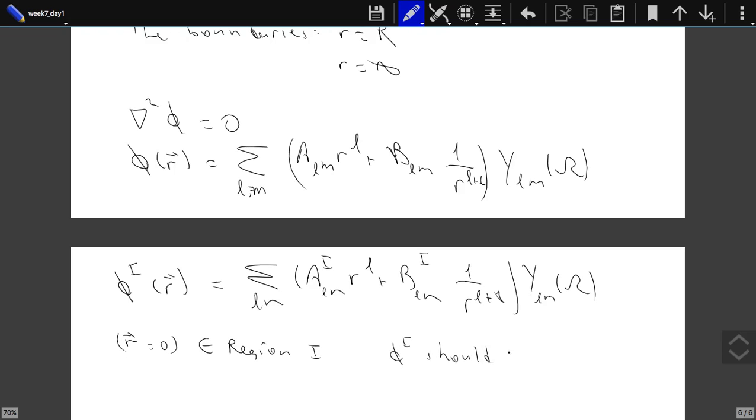But you see, in region 1, we have this point R is equal to 0. But the potential should be finite, right? So what can you say about these constants A and B from this condition?